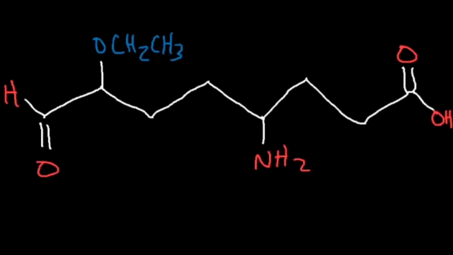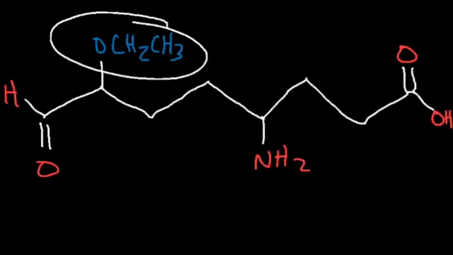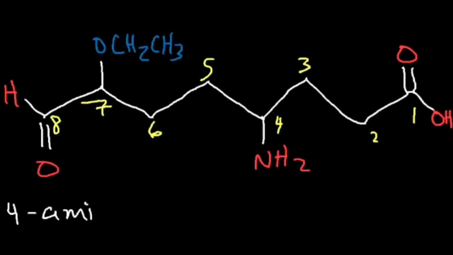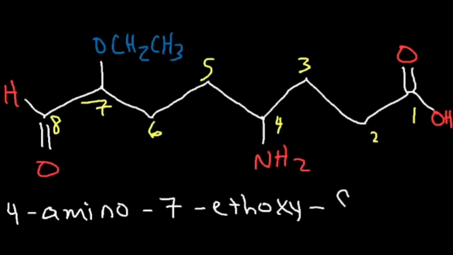NH2, the amine, as a substituent is called amino, and the ether, this is known as ethoxy as a substituent. So we need to start counting it from the carboxylic acid. So this is going to be called 4-amino. We need to put it in alphabetical order. Dash 7-ethoxy. Dash 8-oxo for the aldehyde, and then octanoic acid.